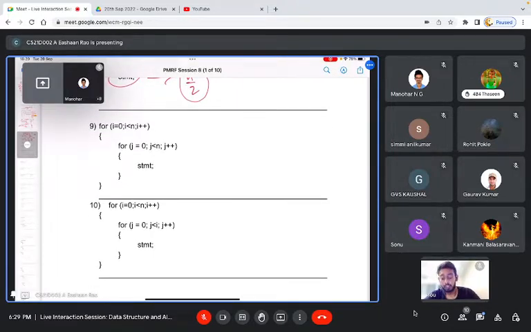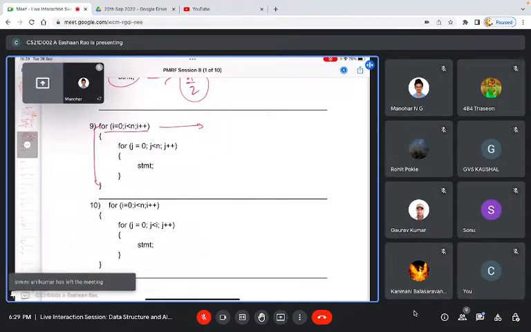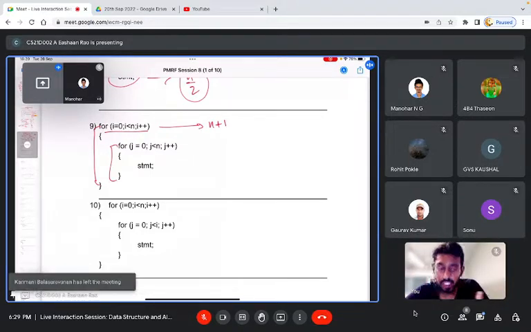Now when it comes to nested loops, as we have traced out, first we look at the outer loop. We see how much computation the outer loop, in this case the ith loop, will run. Here it will run for n plus 1 times, and then we look at the jth loop, that is the inner loop.